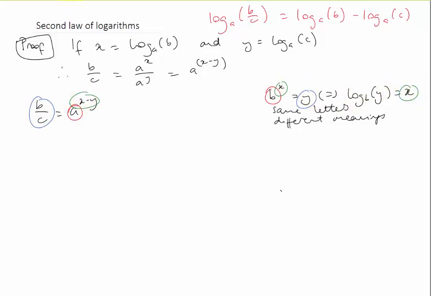Alright, I'm just using the colours to keep track of it. Sorry if you're colourblind. So then we can use this again, just like before. So then log in base a of b over c is equal to x minus y.